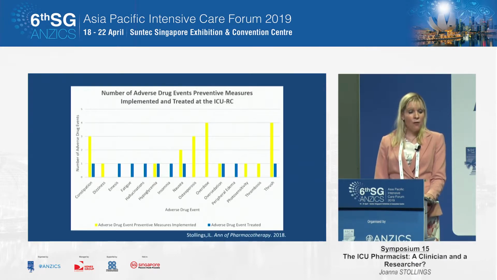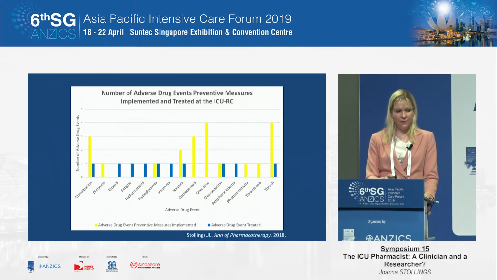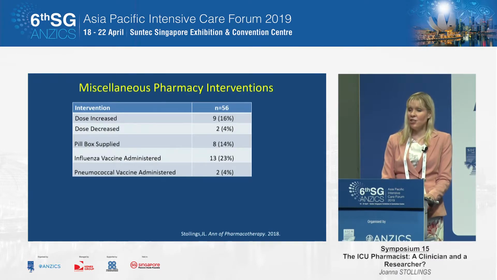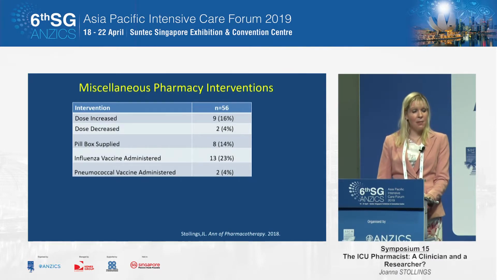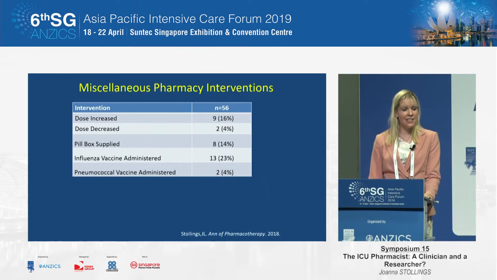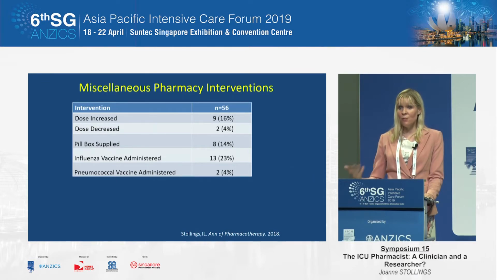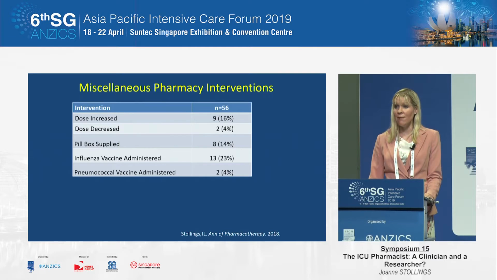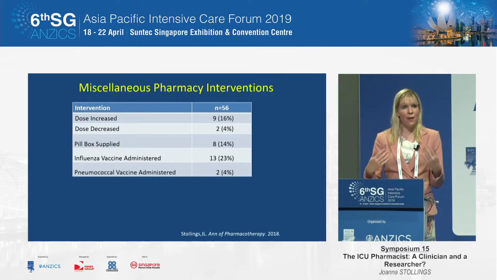amlodipine, oversedation, and thrush. Other things that we did, as you can see, we increased doses in 9 patients, decreased doses in 2 patients. We supplied a pill box to increase compliance in 8 patients. As you can see, we administered numerous influenza vaccines, and this was a lot of patients that had been admitted with influenza, but unfortunately they failed to receive vaccinations before they were discharged.